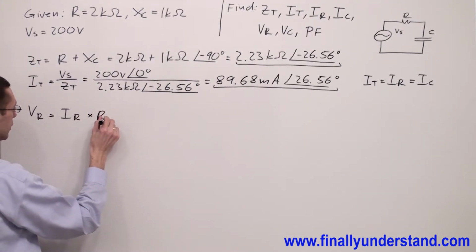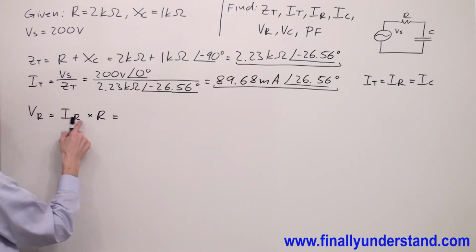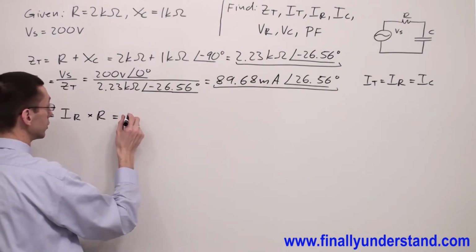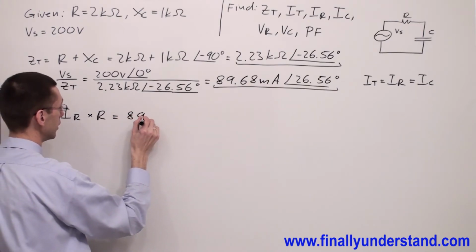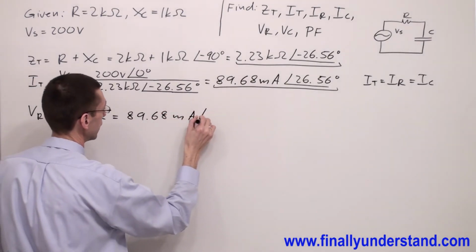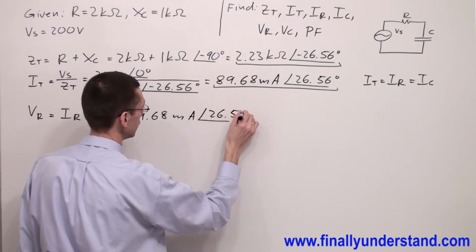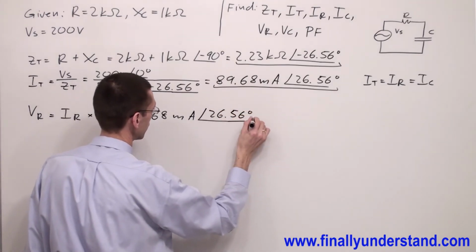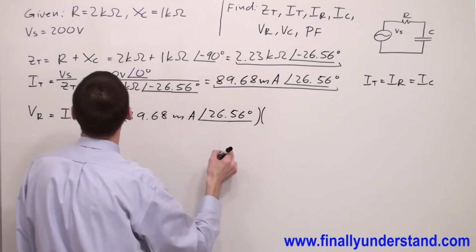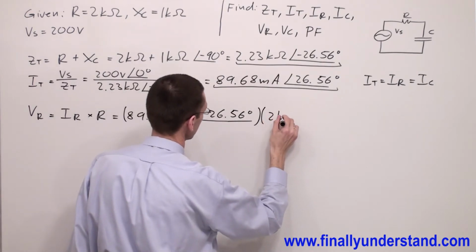So current is equal to 89.68 milliamps times angle of 26.56 degrees, times the resistance, which is equal to 2 kilo ohms.